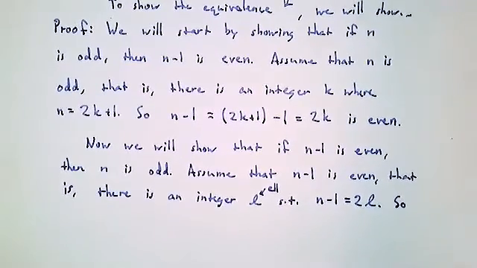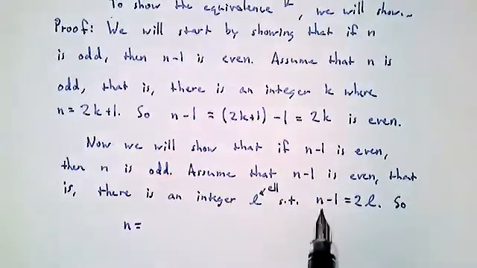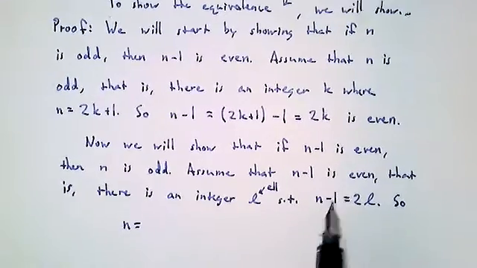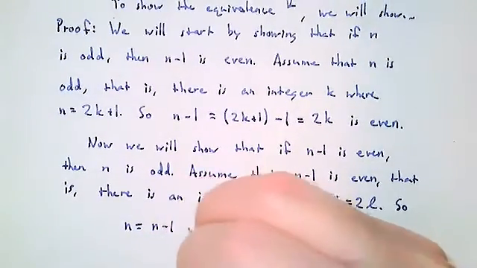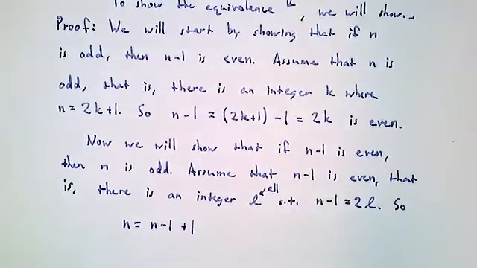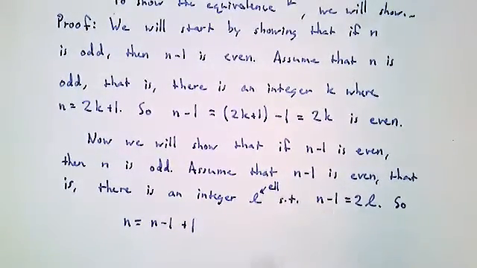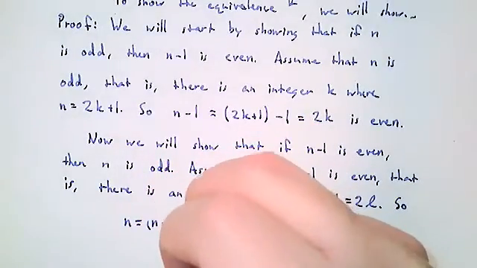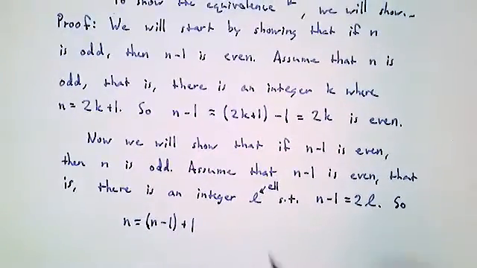Okay, so what do we know? n is equal to n minus 1 plus 1 to cancel off that minus 1. But we know that n minus 1, if we group the n minus 1 together, that's equal to 2L.